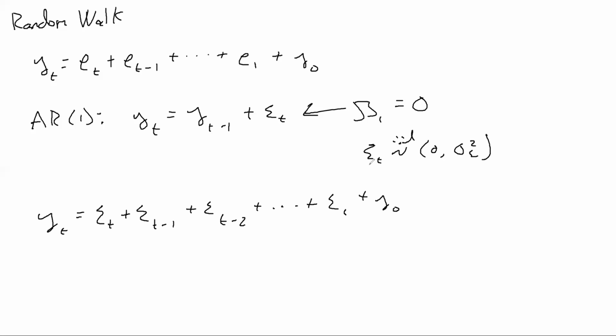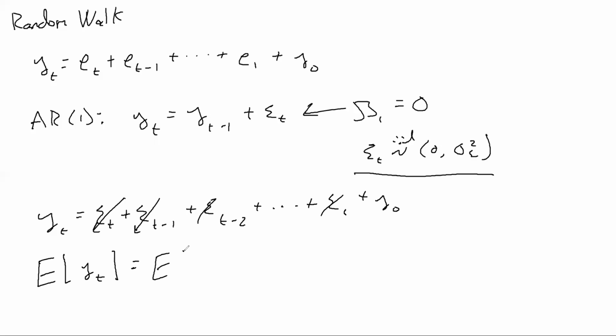Since the error term is IID with a mean 0, if we take the expected value for Y_t, all of the error terms go to 0, and that leaves us with the expected value for our initial value for Y. This is true for all t equal to or greater than 1.